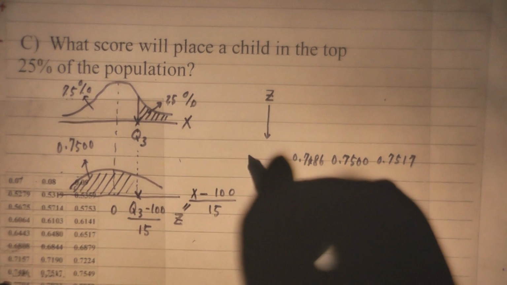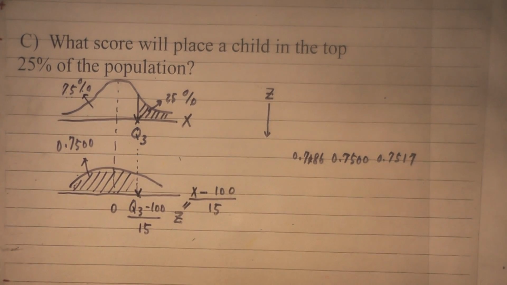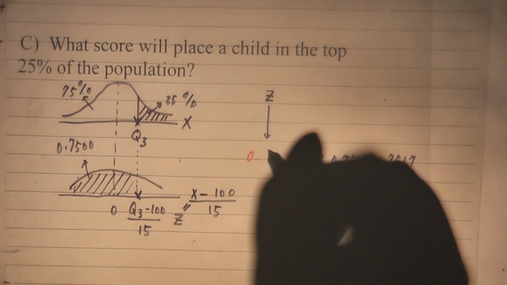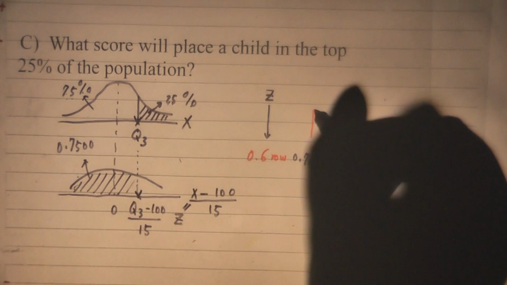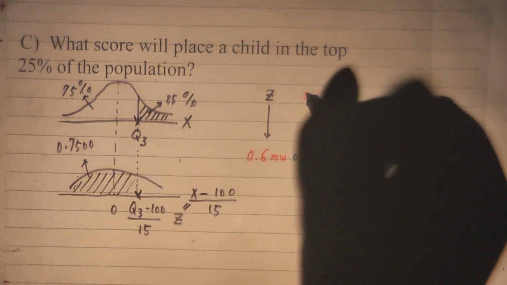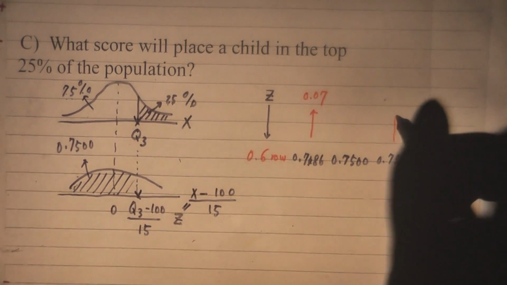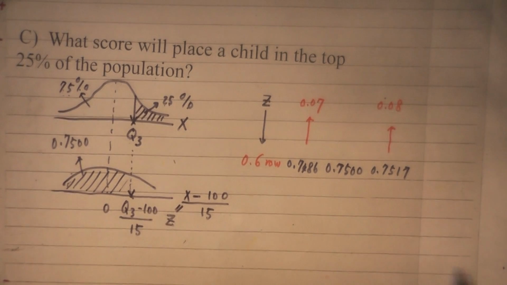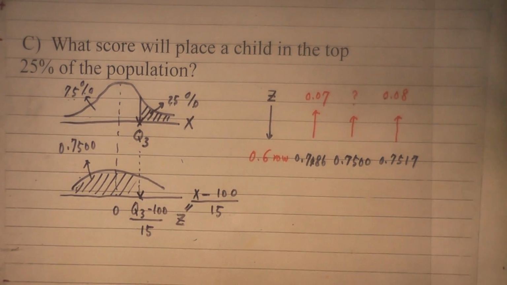This is in the 0.6 row, and if you move your finger up, you find this is 0.07, and this one corresponds to 0.08. So we want to estimate the corresponding number here.